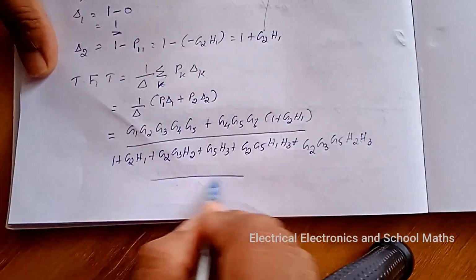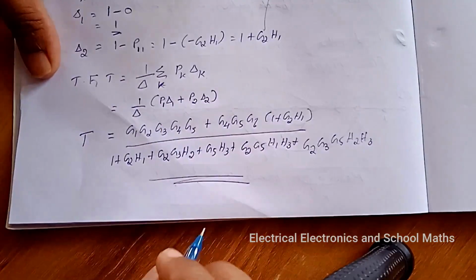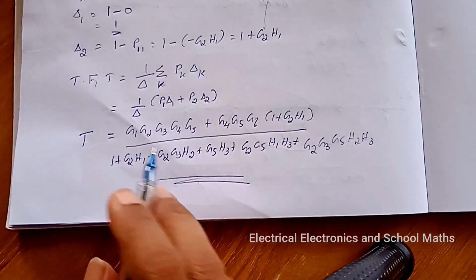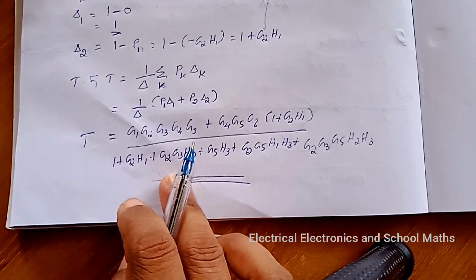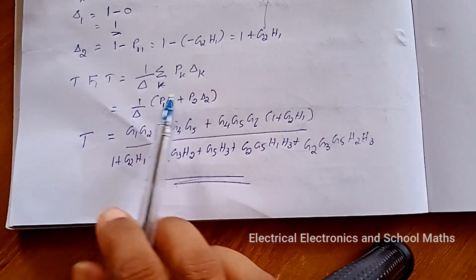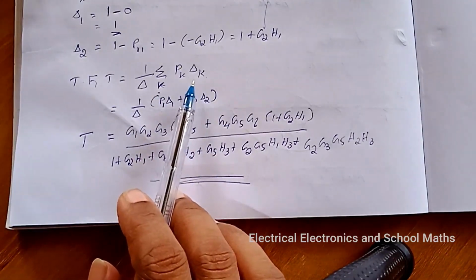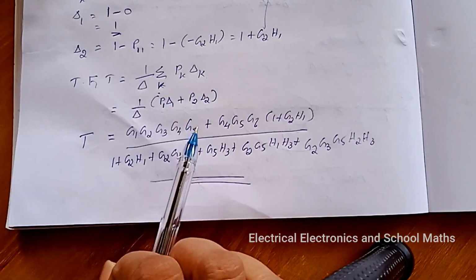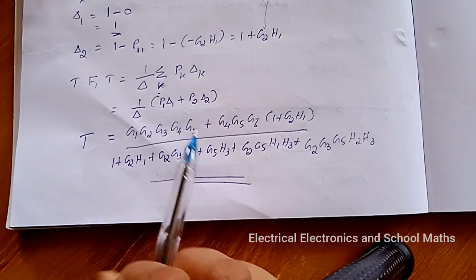So this is the transfer function. So in this way we can find the overall transfer function very easily, that is, using Mason's gain formula we can find the overall transfer function very easily.